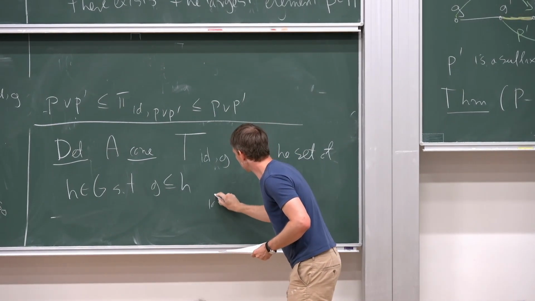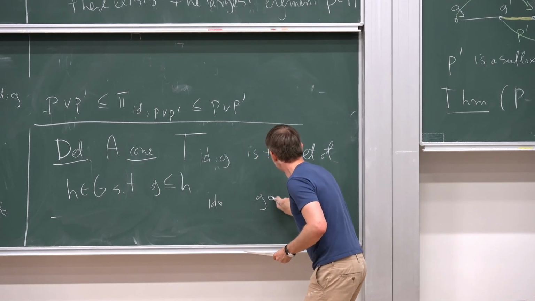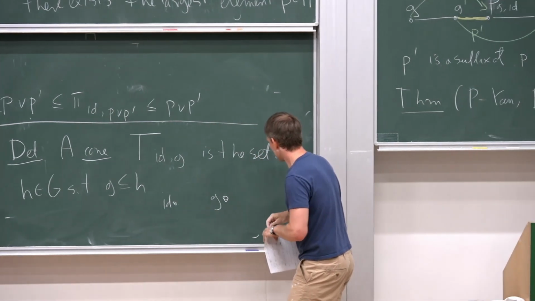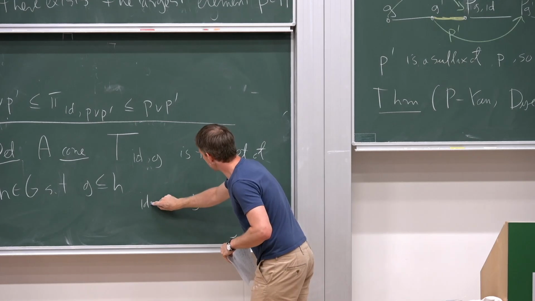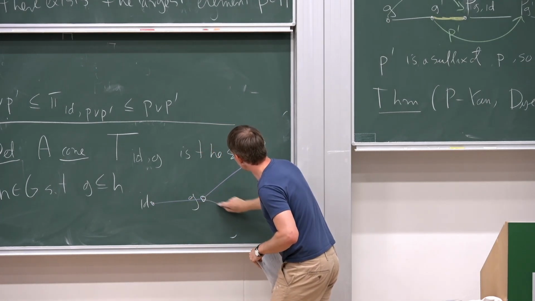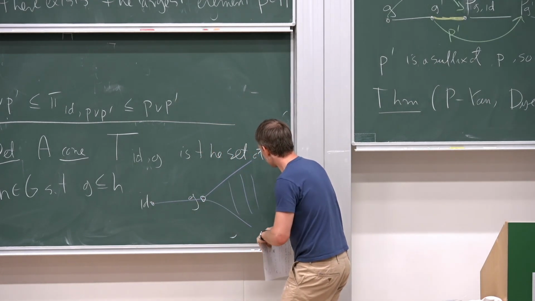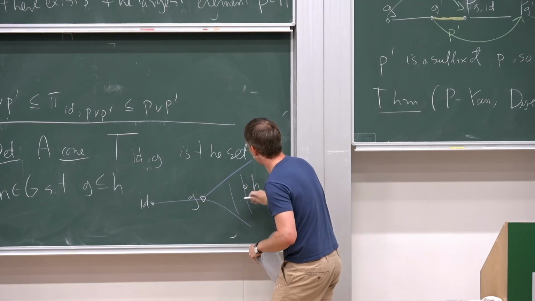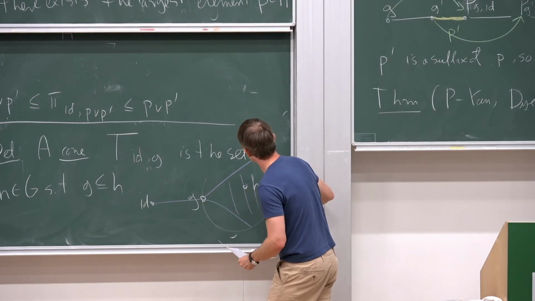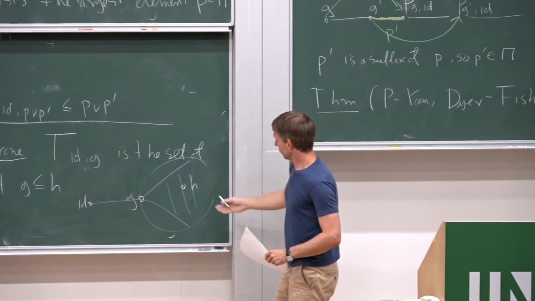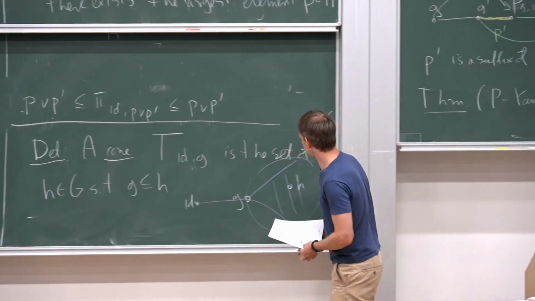You have identity, here G, and now you're looking at paths starting at identity, going through G, and going farther. And all the elements that lie beyond G are called elements of this cone.